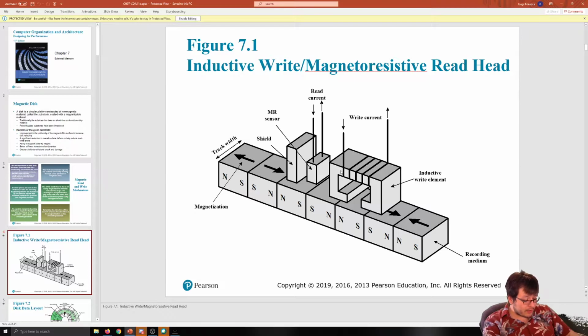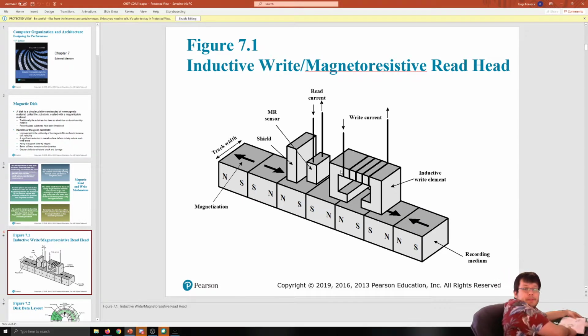By passing a current through the MR sensor, resistance changes are detected as voltage signals. That's how the MR sensor works, and it's a better technology because, as the book says, the MR design allows higher frequency operations at greater storage densities.